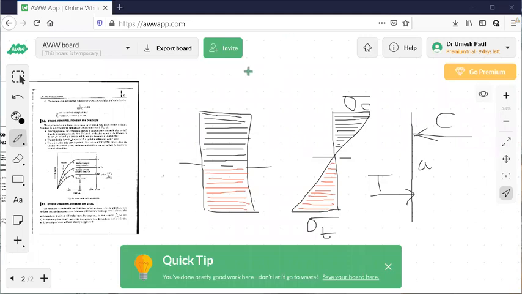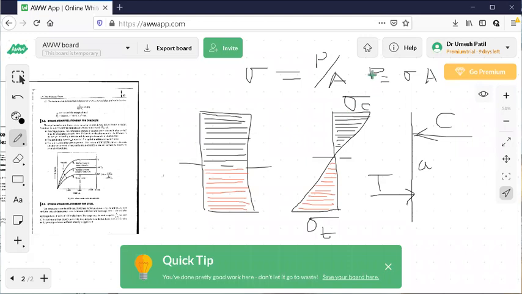Now use this simple formula here. Sigma, stress, is equal to load divided by cross-sectional area. From this, P is equal to sigma into A. It means if I know the stress in each layer, I can find out the equivalent force.